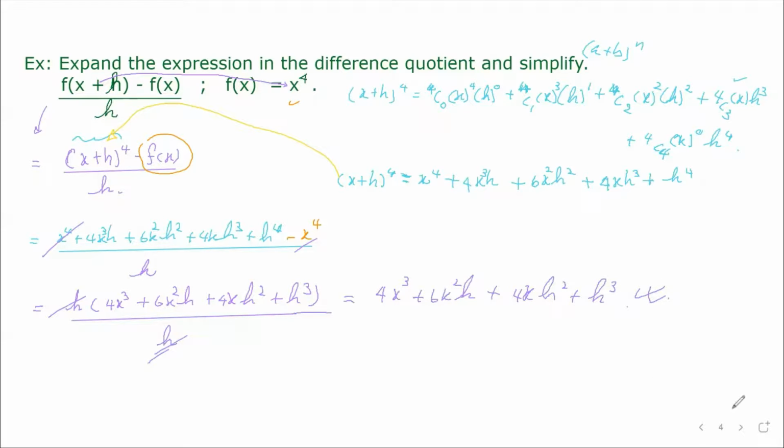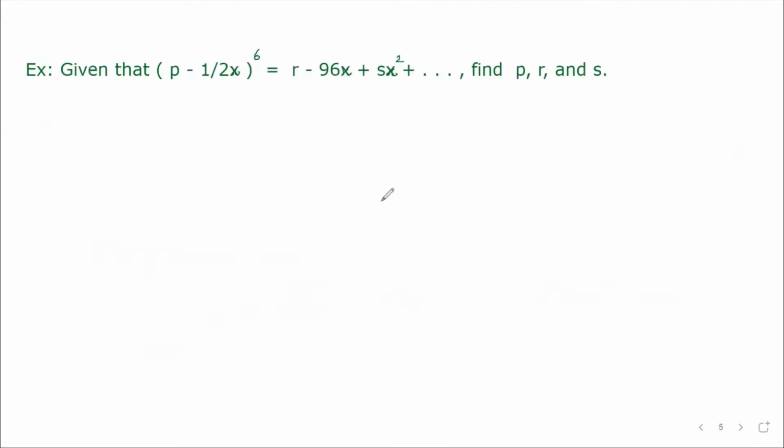Okay, now we go to the next example. Given that P, they give us P equal to (1 over 2x) the whole thing power 6. This means I rewrite it like this, because the computer cannot write in fraction pattern.